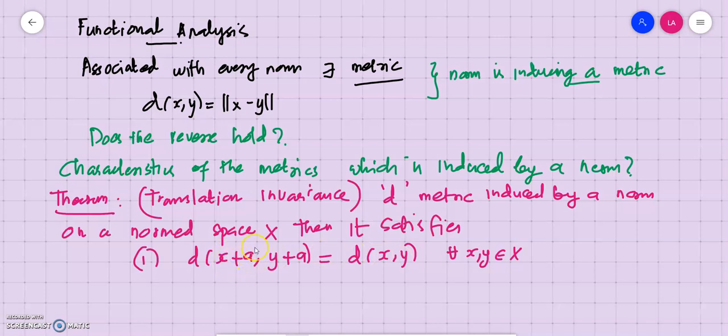Changing the position by a distance a on both components won't affect the distance induced by the norm.